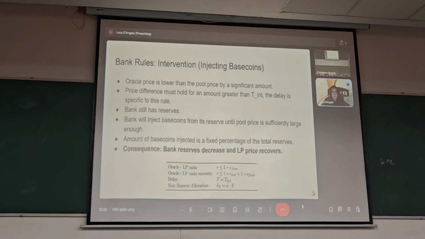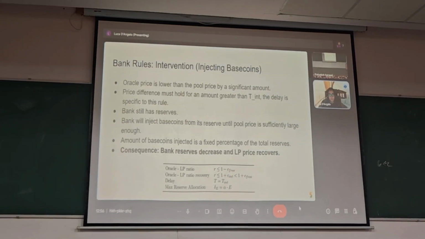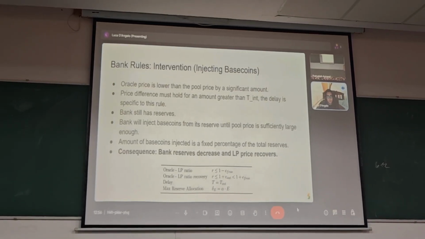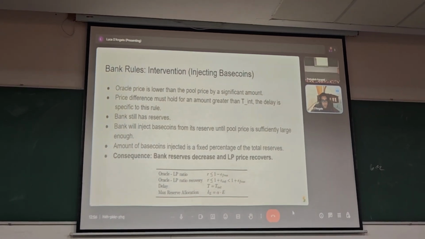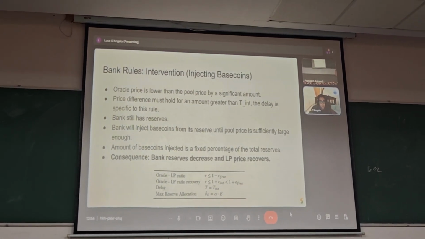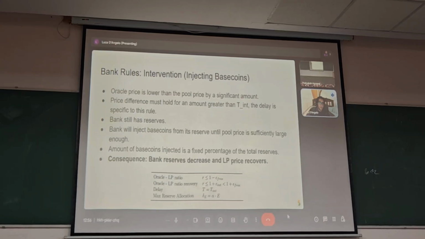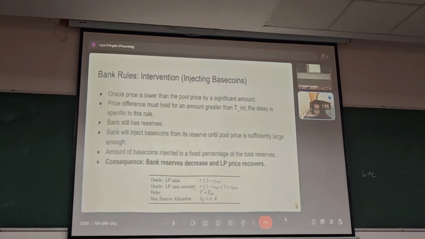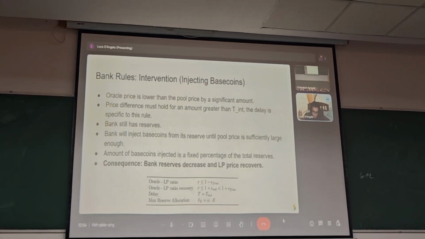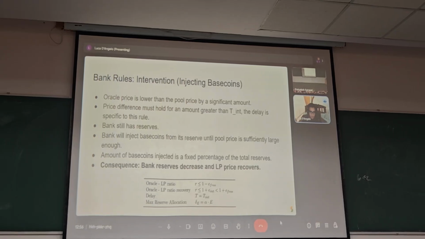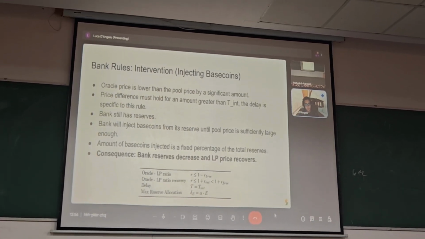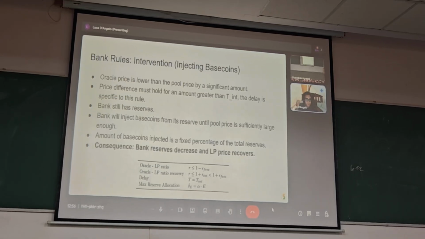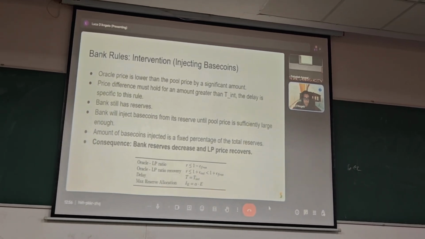And it does this until the pool price increases enough, so it's close enough to the oracle price. So it's not just going to dump all of its reserves right away, or all of it until it reaches the oracle price. It's bounded by some fixed percentage of the total reserves.